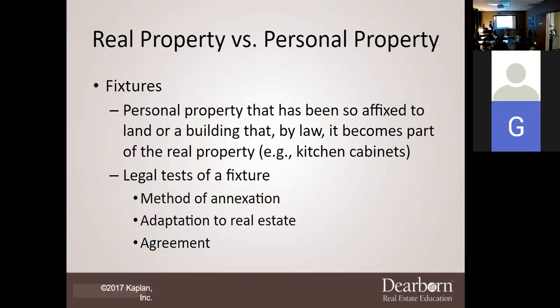So, in regards to fixtures, a fixture is personal property that has been so affixed to land or building that by law, it becomes part of the real property. So Wyatt, you're a chef. You love to cook. So you get these wonderful solid wood cabinets that came in from, say, the Bahamas.